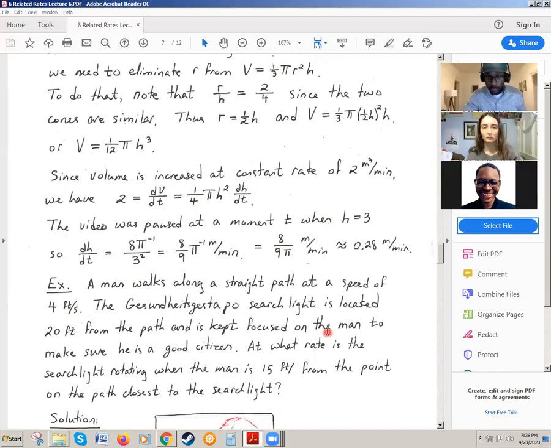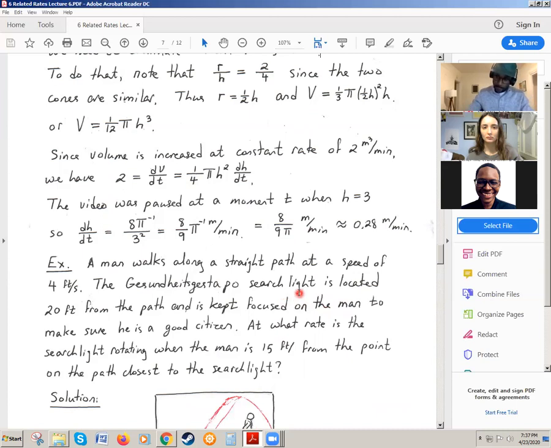So a man walks along a straight path at a speed of 4 feet per second. The Gesundheitsgestapo, if you know what that means, casts a searchlight located 20 feet from the path, and it keeps this man in its focus in light.